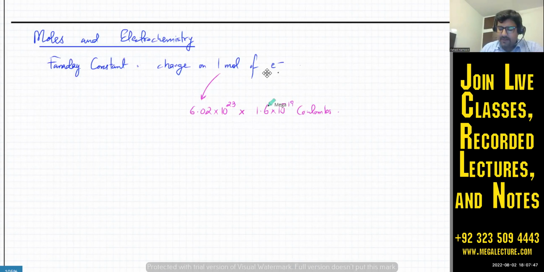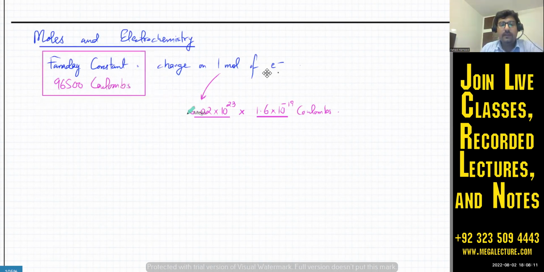And you've got 1 mole of electrons, so you multiply by Avogadro's constant. The answer you're going to get is that the Faraday constant comes out to be 96,500 coulombs approximately. Okay, that's the value for the Faraday constant. 96,500 coulombs. And that's about it.